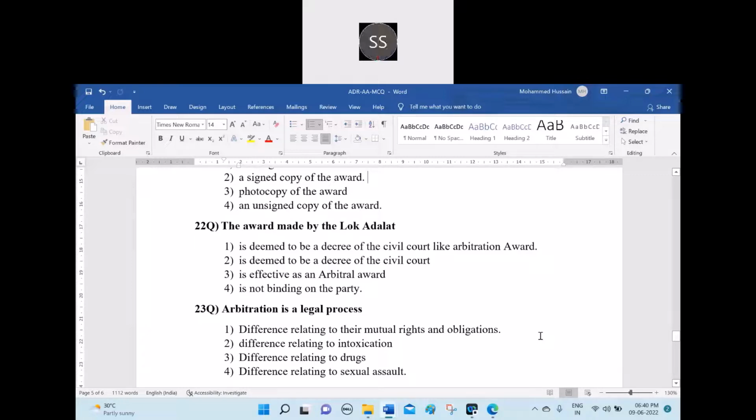23rd question. Arbitration is a legal process. Option 1, difference relating to their mutual rights and obligations. 2, difference relating to intoxication. 3, difference relating to the drugs. 4, difference relating to the sexual assault. See, the other things are very odd. I copied this one from somewhere, but I have to change the wordings here.